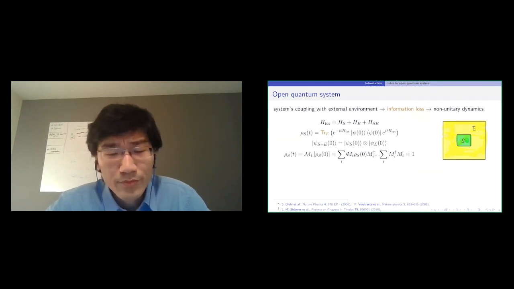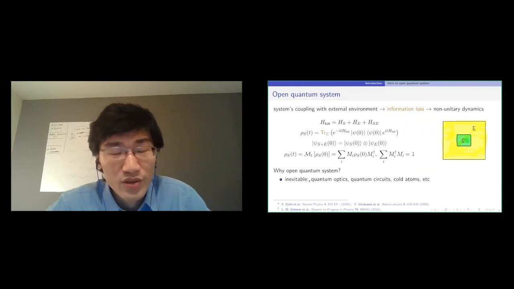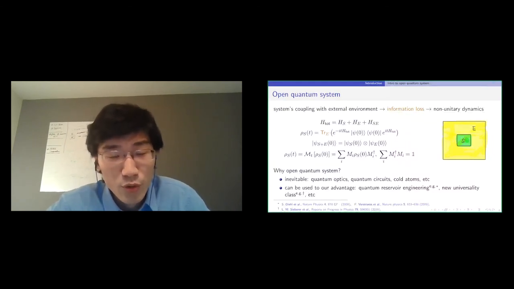So one question you may ask is, why do we care about open systems? One thing is that it's actually inevitable in several fields, for example, in quantum optics, quantum circuits, or cold atoms. Another thing is that even though people from quantum computing will not like coupling with the external environment because that's going to give us decoherence, actually, in some cases, it can be used to our advantage.